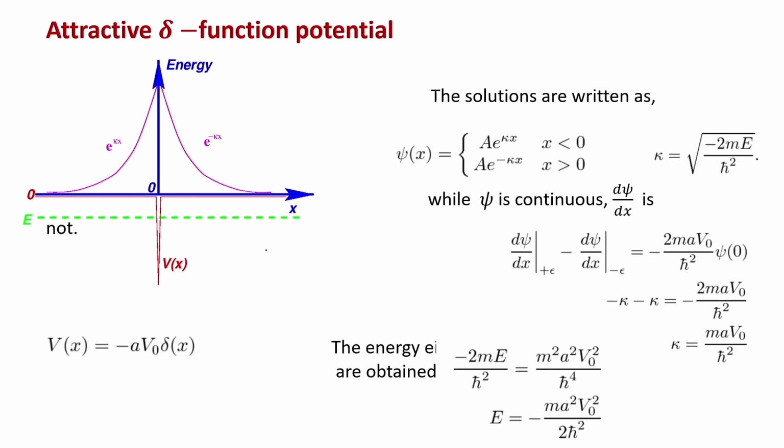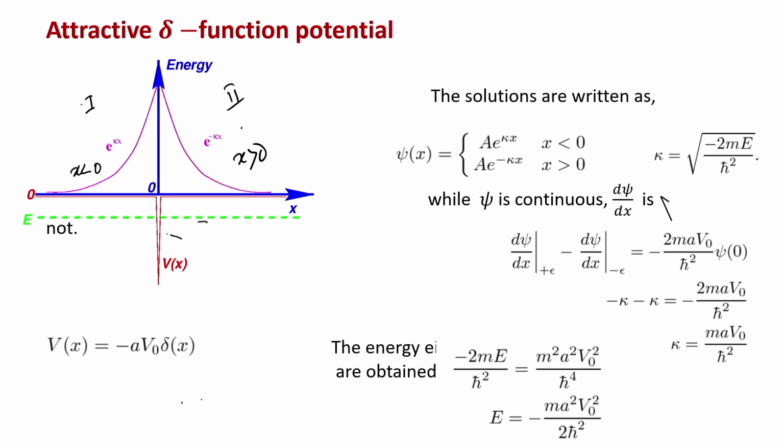And now, what it is saying is the following, that the solutions of this problem are written as, say, region 1 and region 2. The solutions are written in region 1, which is x less than 0, that is this region, and this is x greater than 0.